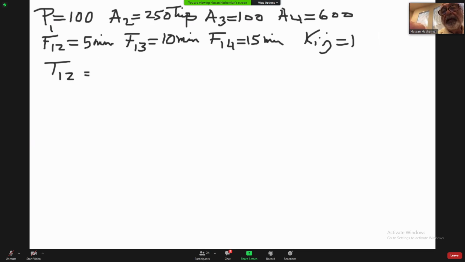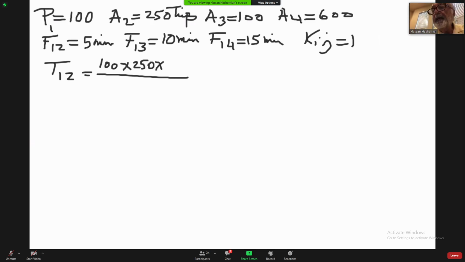So from 1 to 2, Pi is 100. You multiply by attractions of zone 2, which is 250. So that's the PiAj, times Fij.